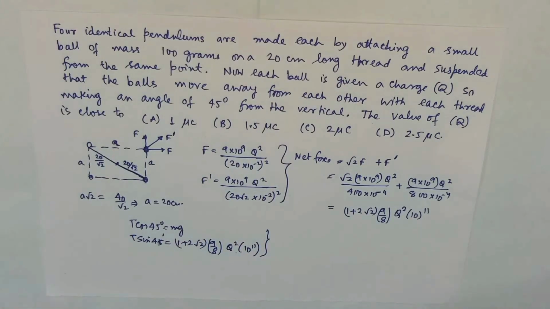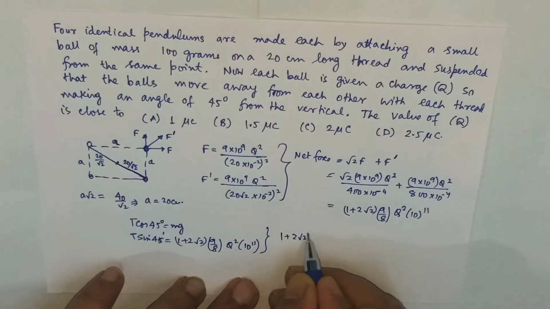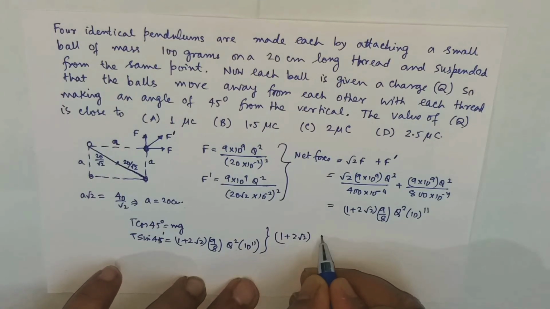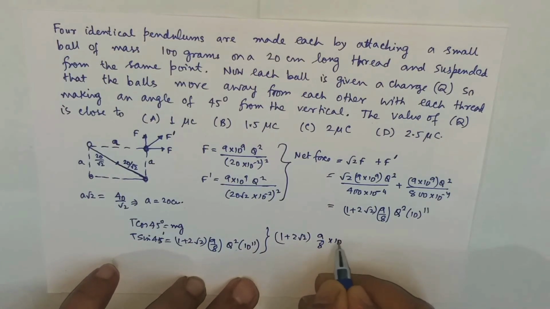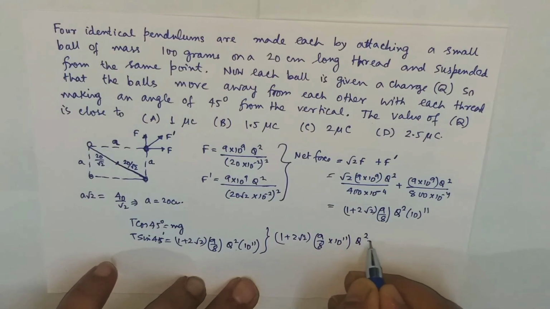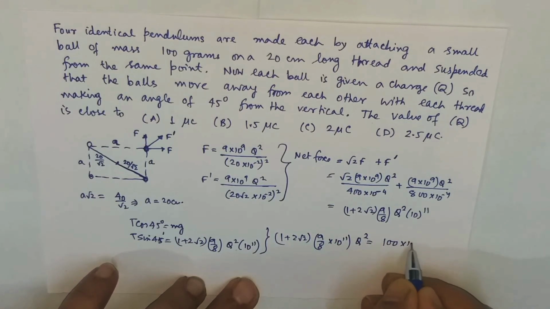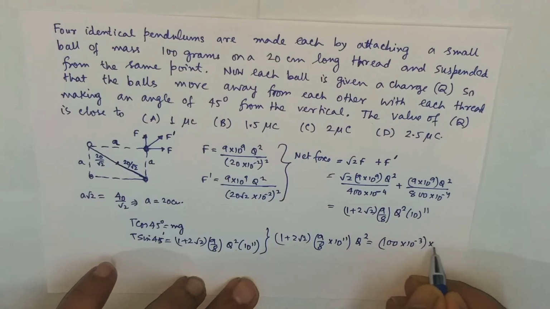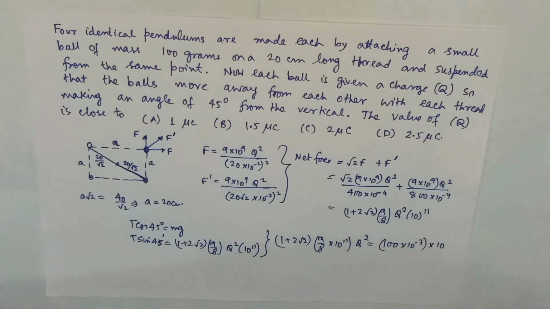If you divide, the T gets cancelled, or in other words you can say that these two are equated. So therefore 1 plus 2 root 2, and then 9 by 8 into 10 to the power 11 q square, equals 100 into 10 to the power minus 3, and small g for simplicity I am taking only as 10.